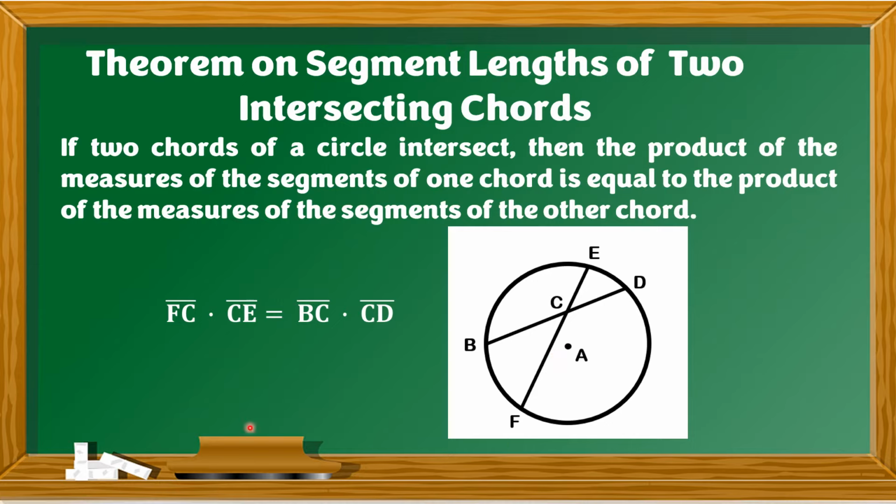So by applying the first theorem on intersecting chords, we can say that line segment FC times line segment CE is equal to line segment BC times line segment CD.